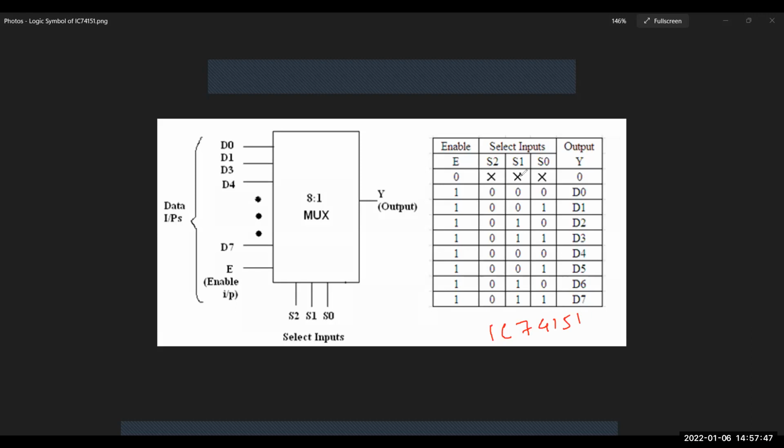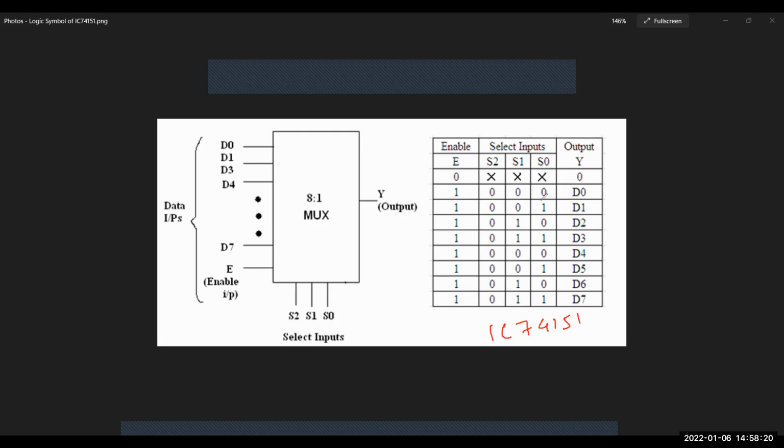Here you can see the truth table: there are 3 select lines, S0, S1 and S2, and I have said that the enable input provides the normal and inverted outputs. Here we are considering E equals 1, so the multiplexer is disabled, and for the rest, E equals 0, we are getting the result, or you can say the multiplexer is enabled.